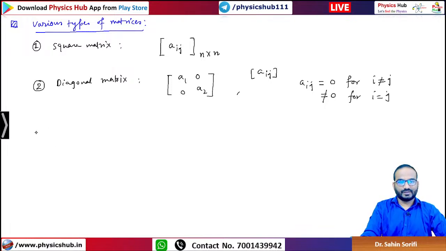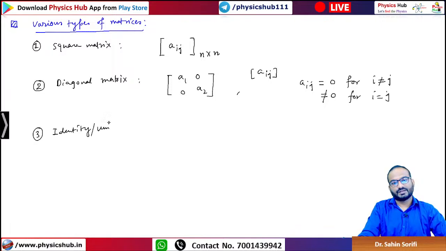Next, identity or unit matrix. This we have already defined. Identity or unit matrix. So it is a type of diagonal matrix where the diagonal elements are unity. You know?